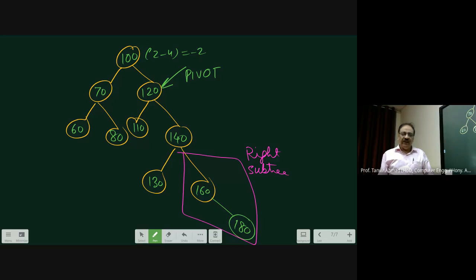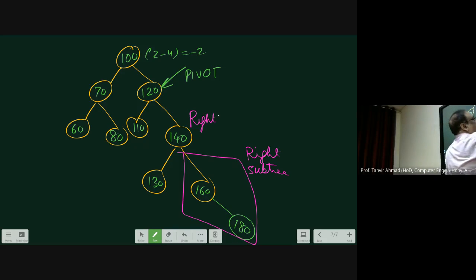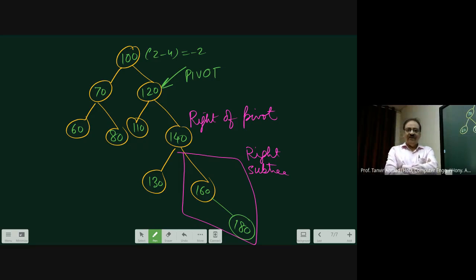And this is the right of pivot. Now here I am not inserting at 160, I am inserting down the line. It could be inserted at this place, or it is inserted at this place.